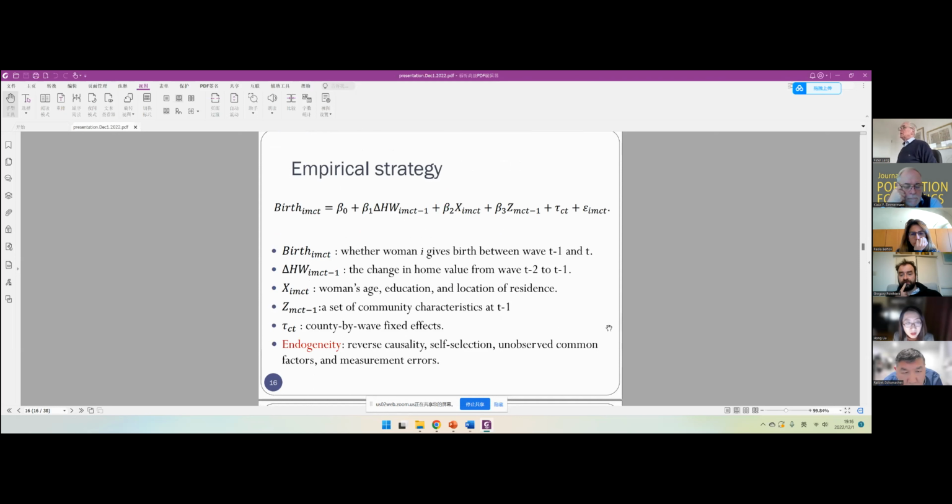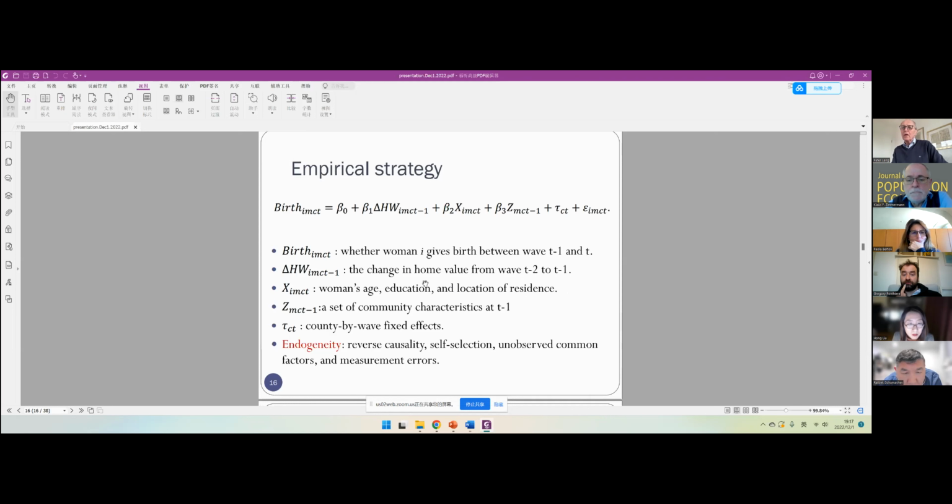The key independent variable is the change in home value from wave t-2 to t-1. X includes women's age, education, and the location of residence. Z is a set of community characteristics. And tau is the wave fixed effects.